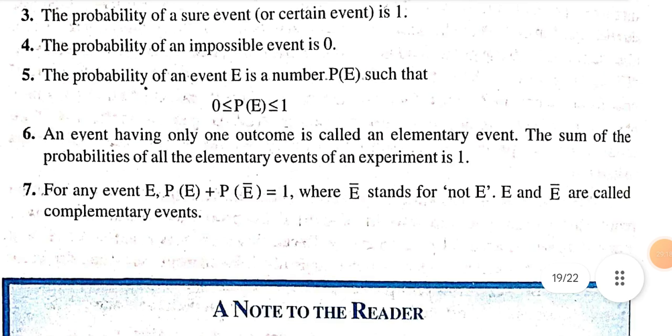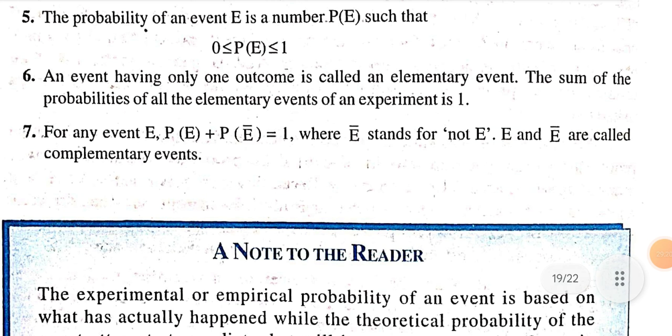6. An event having only one outcome is called an elementary event. The sum of the probabilities of all the elementary events of an experiment is 1. 7. For any event E, P(E) + P(Ē) = 1, where Ē stands for 'not E'.